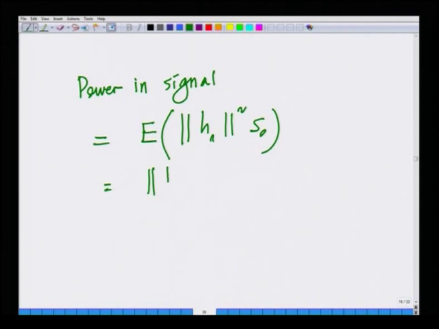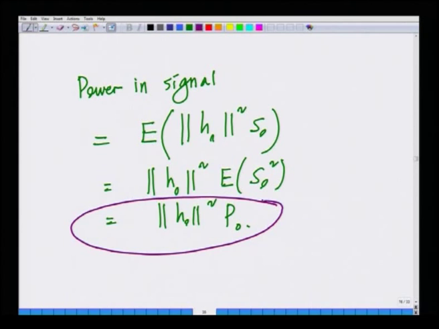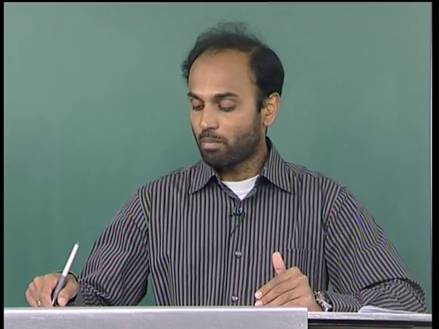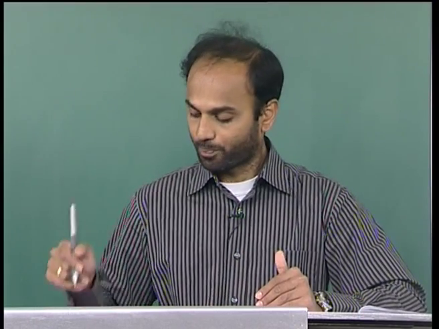This is norm h 0 square times expected s 0 square, that is norm h 0 square times P of 0, the power in the user times the power in the channel. This is what we have seen many times before, in the case of the maximal ratio combiner, in the case of the rake receiver, and so on. This is nothing but coherent combining. So you are extracting the power multiplied by the total power in the channel, that is the meaning of coherent combining. So it is the power in user 0 times the magnitude of the channel square.